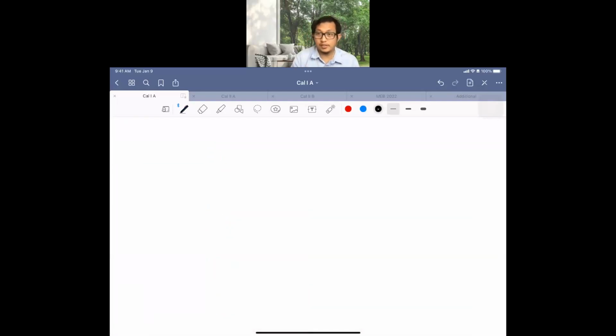Let me just start with a simple one so you can process and have better understanding. So if we let the integration of x sine x dx, what could be the result?